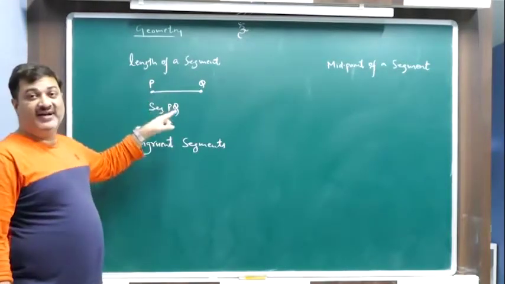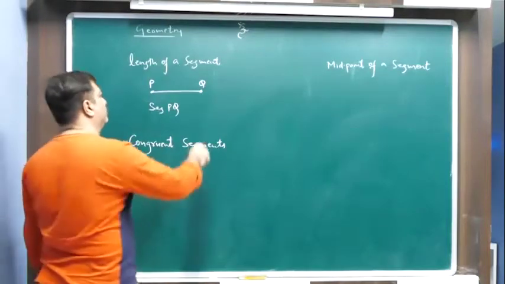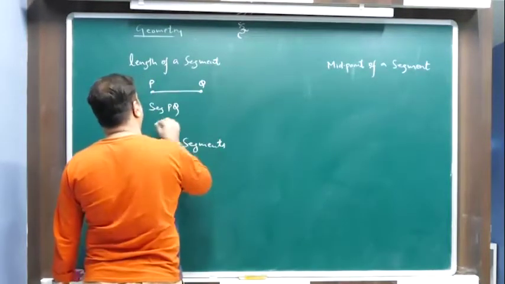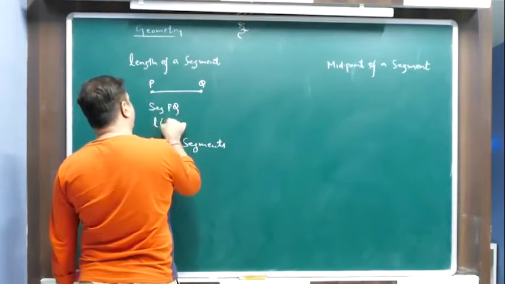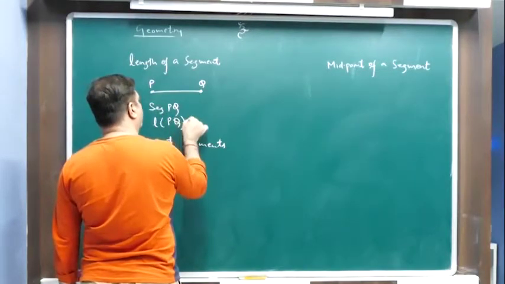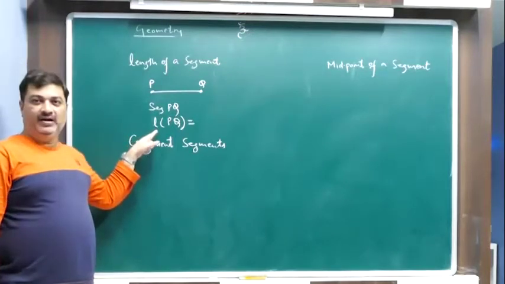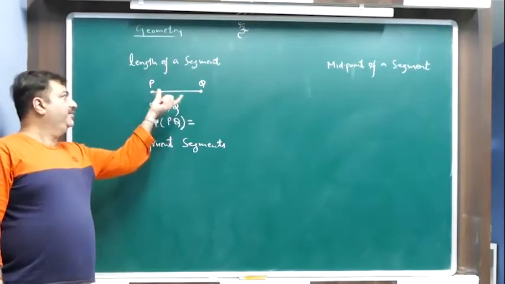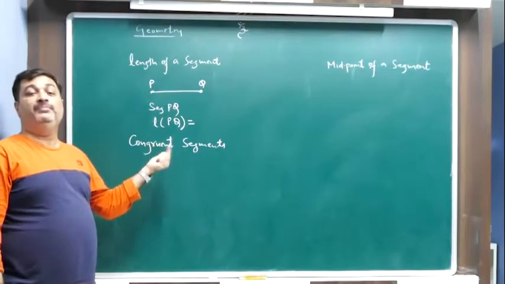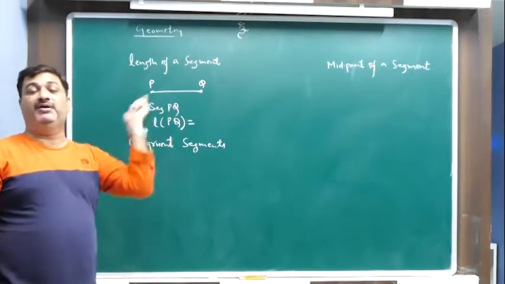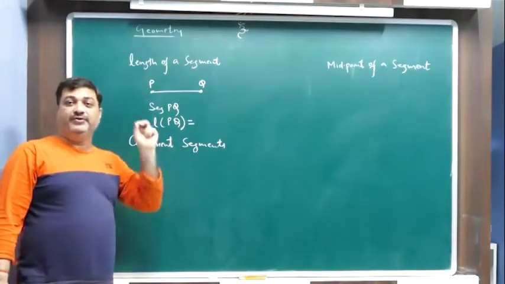I will write it like this, l(PQ). Small l, bracket, and the name of the segment PQ. l(PQ) means length of segment PQ. How to read it? Length of segment PQ.